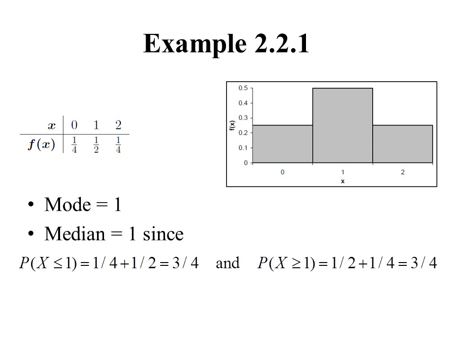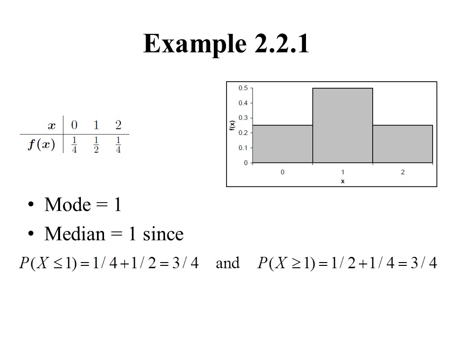Now, the median is equal to 1, and we know that that's true because if we calculate the probability x is less than or equal to 1, so that's x equals 1 plus x equals 2, 1/4 plus 1/2 is 3/4. That's bigger than a half. And the probability that x is greater than or equal to 1 is the probability x equals 1 plus the probability that x equals 2, and that's also equal to 3/4.